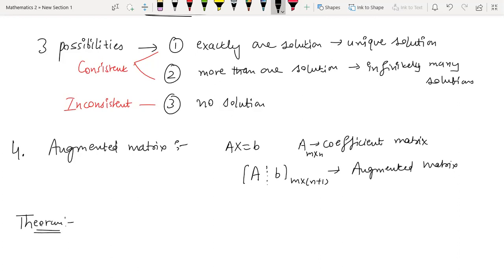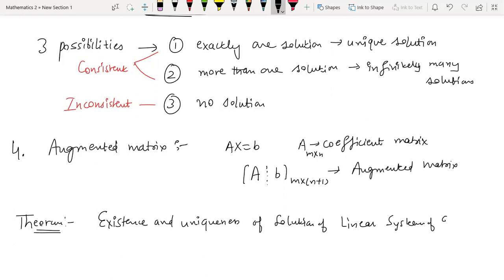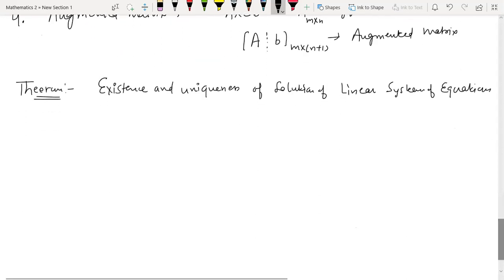So let me give you the result, which is basically the theorem which will tell you when we are going to have a solution. Existence and uniqueness of solution of a linear system of equations. Anyway, the name of the theorem does not matter. What matters is the result.